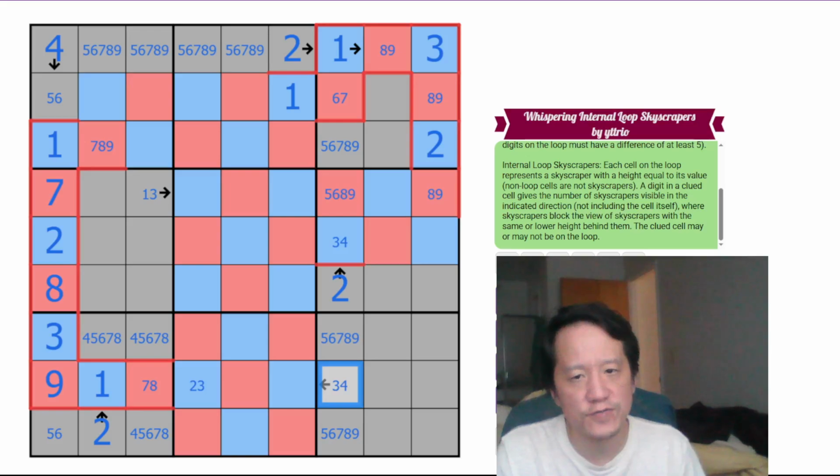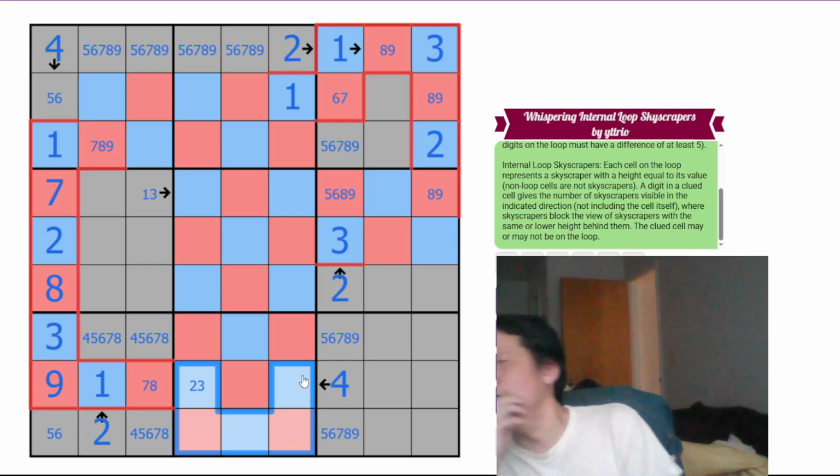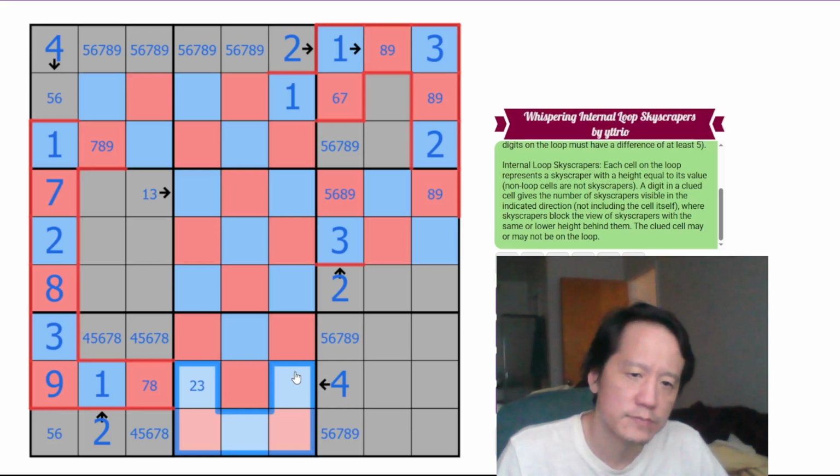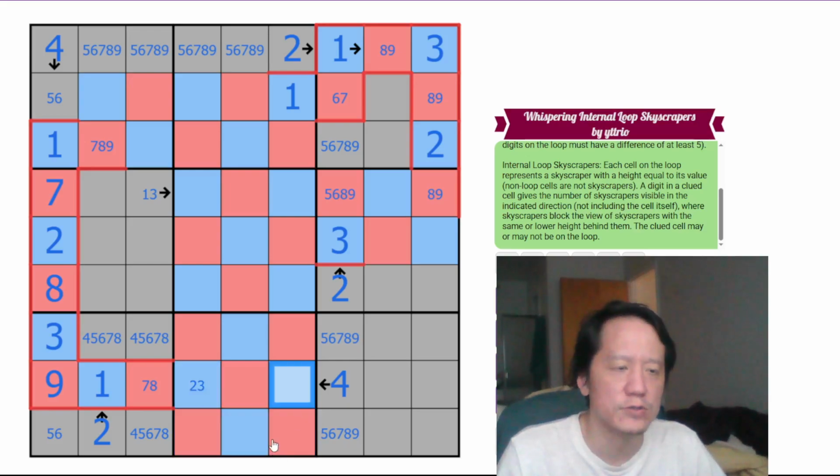Okay, if this is 4, though, this would be 3. I guess it could go something like this. That's possible. So it could be 2, 3, 8, 1, 9 that it sees. But this can't be 2.